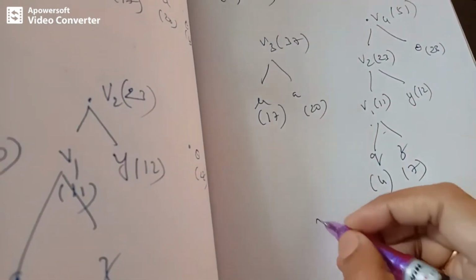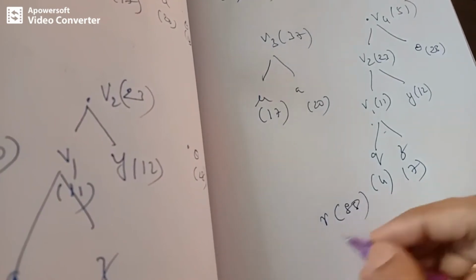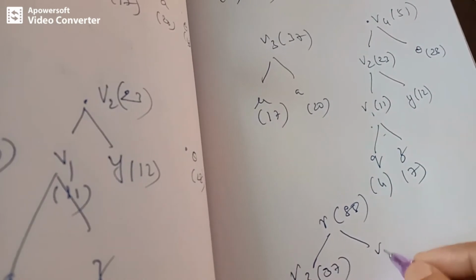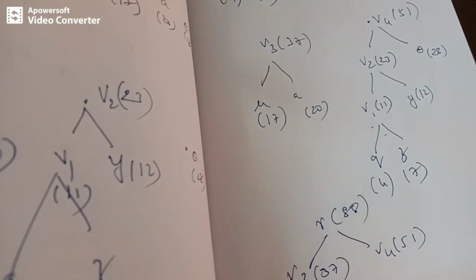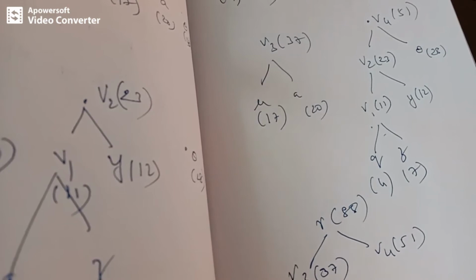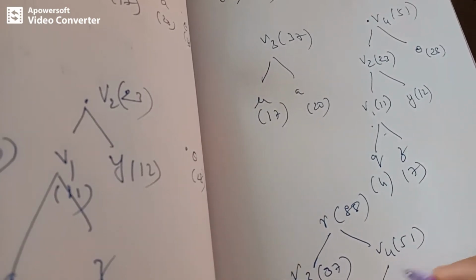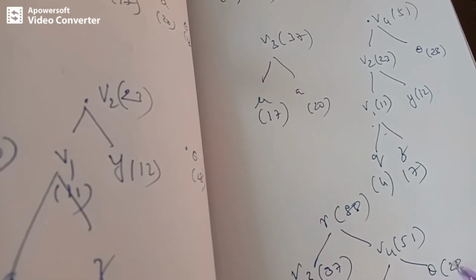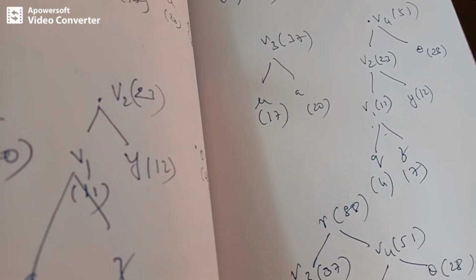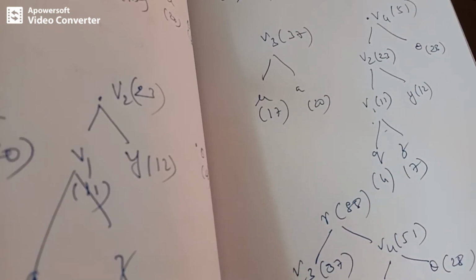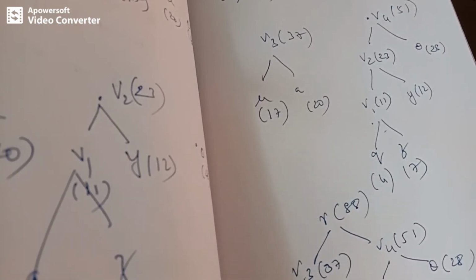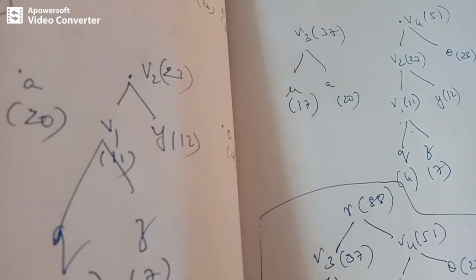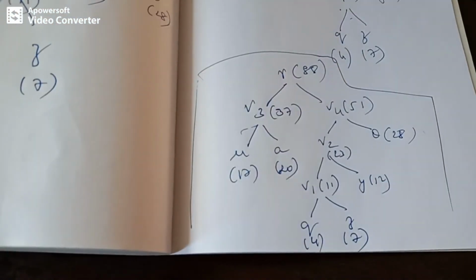Okay, so that will be the final tree with the weight 88, and their children having the weights 17, 20, and then you will have their grandchildren. You can complete the tree like this. So this is our final tree, optimal tree.